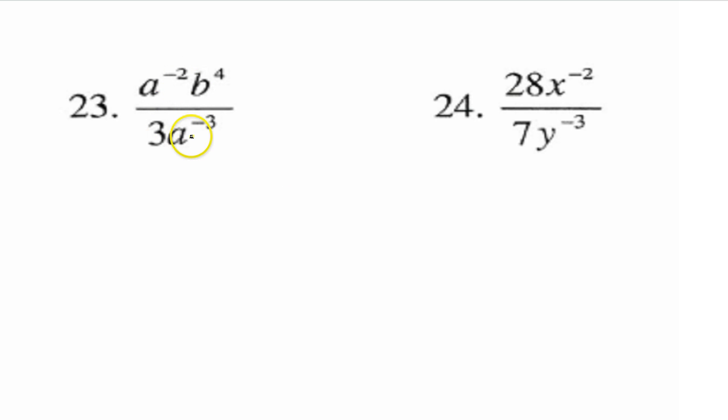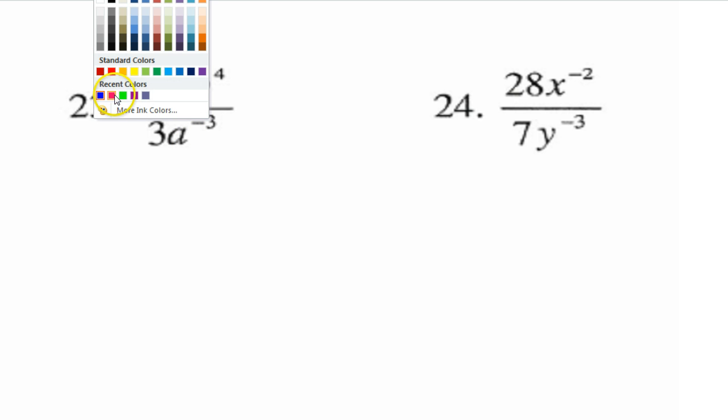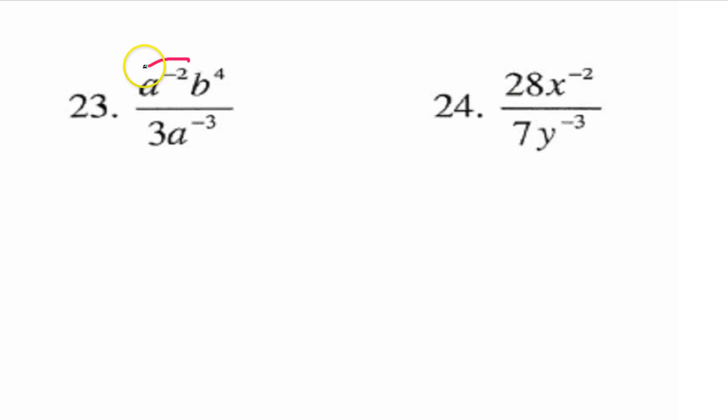Now I see two factors that have negative powers, so I'm going to highlight them. This is on the wrong side of the fraction. It's going to have to drop down. And this is on the wrong side of the fraction. It's going to have to go up. So let me start by copying down the things that are not going to move.